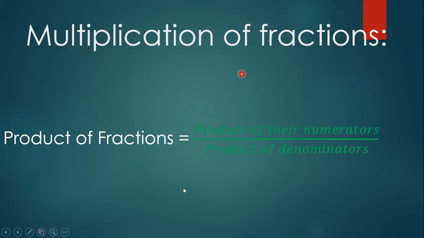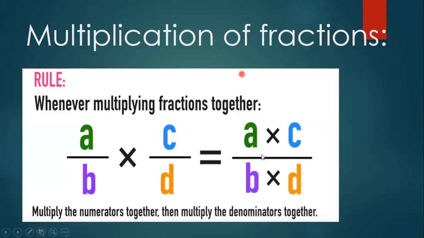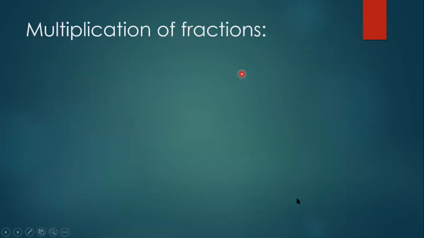Like, if you have a by b multiplied by c by d, it's going to be the product of the numerators, which is a multiplied by c, and the product of the denominators, which is going to be b multiplied by d. It's very simple, children.